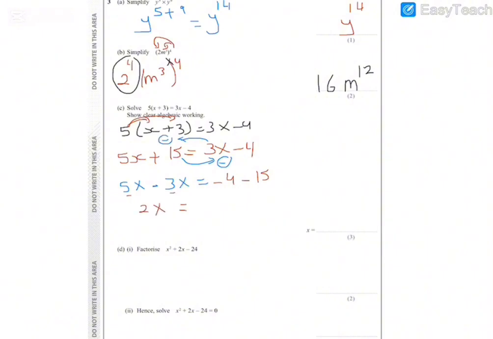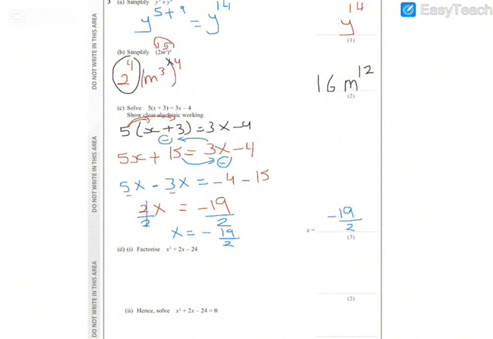Negative 4 plus negative 15 will be negative 19. Okay, so we get rid of the coefficient of x. We divide by 2. So x equals negative 19 over 2. Okay, and write your answer here.